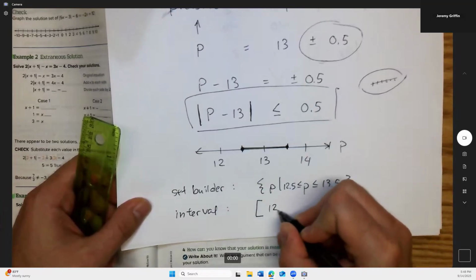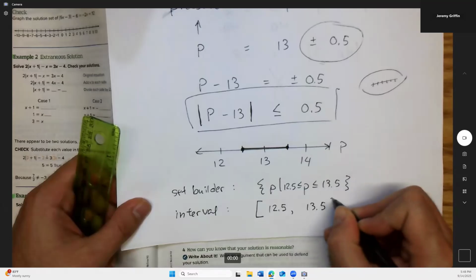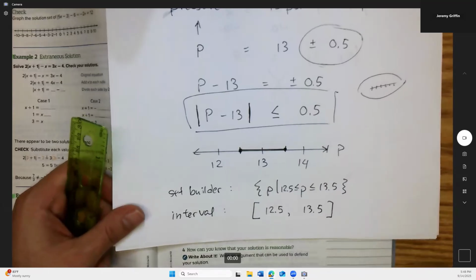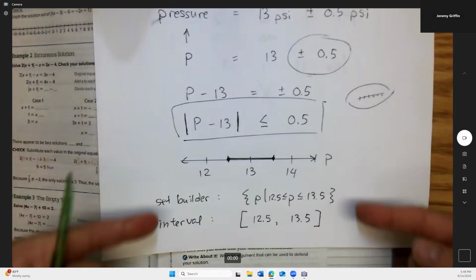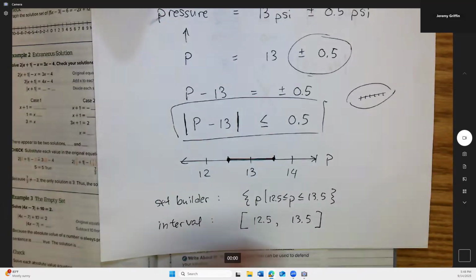It's 12.5, comma, 13.5, and then close with the square bracket. So there's 4 different ways to represent the exact same information.